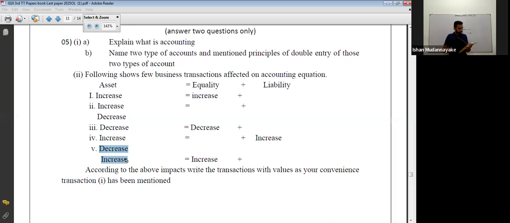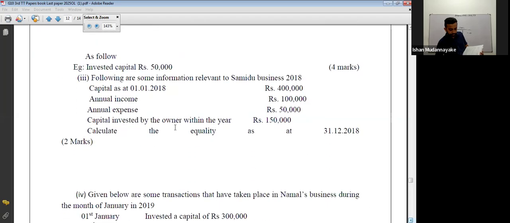Students, we will go into Roman number 3. Please check your answers. Then students, look at the Roman number 3. Problem number 3.